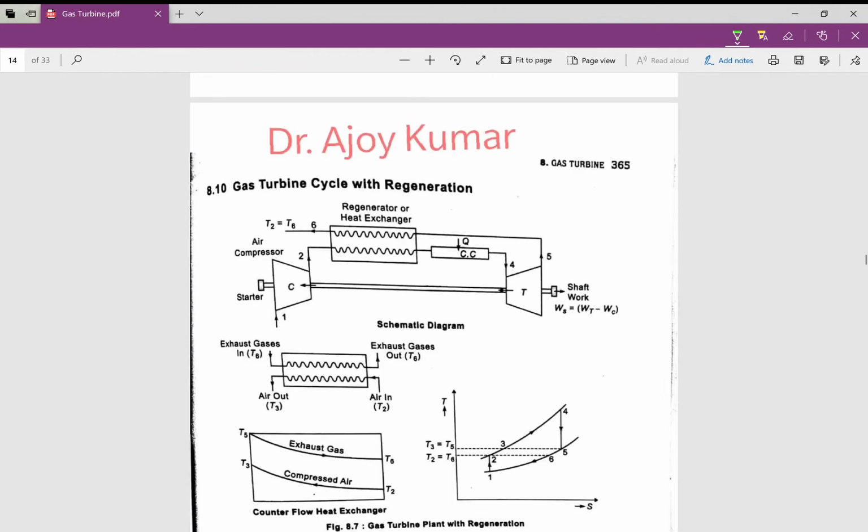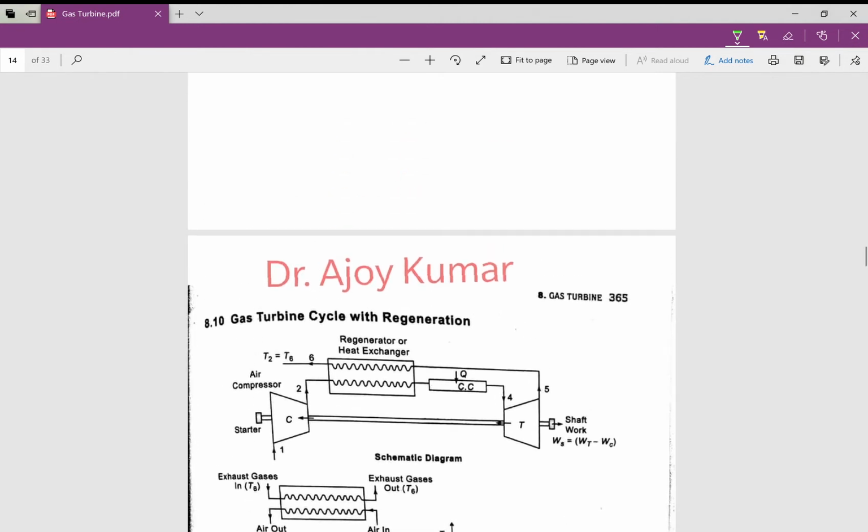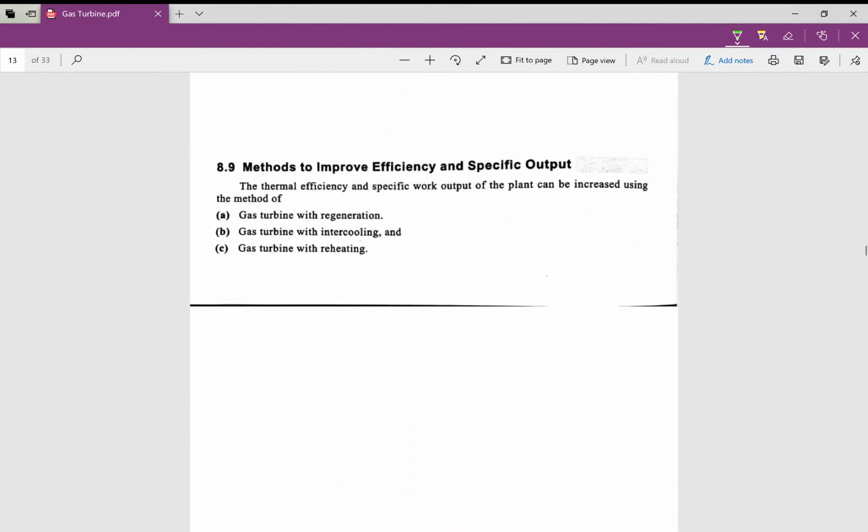These are gas turbine with regeneration, gas turbine with intercooling, and gas turbine with reheating.